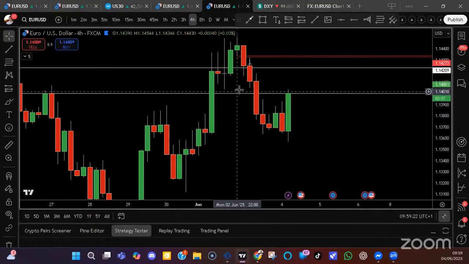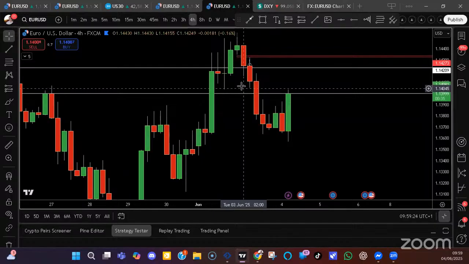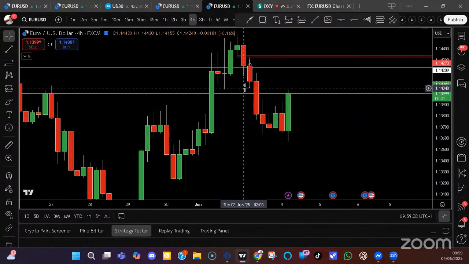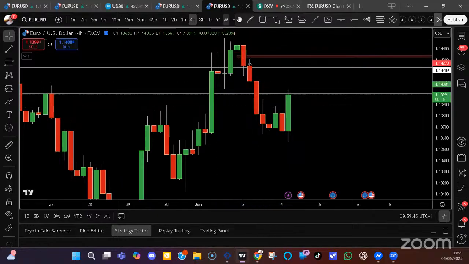And there's a little bit of imbalance here, look, on this candle, this wick. I think this wick will probably come to actually sit on 1.14051. It's got a little bit more way to go. It's so tiny, I don't think I'll bother drawing that in.